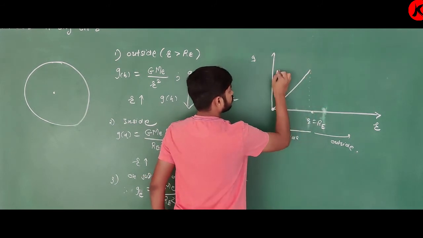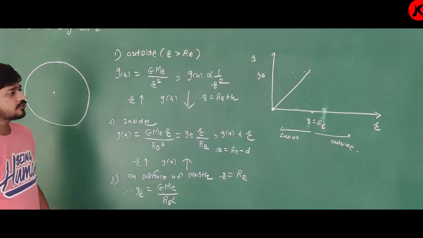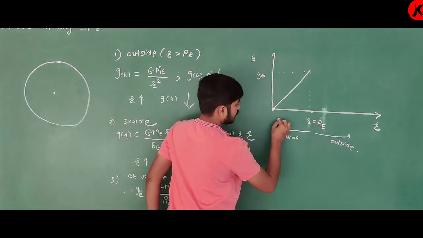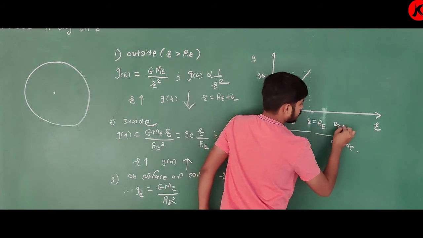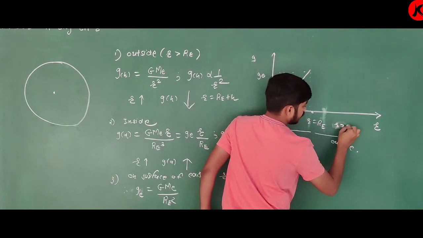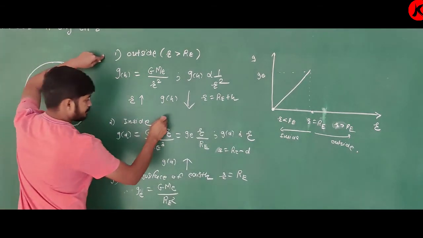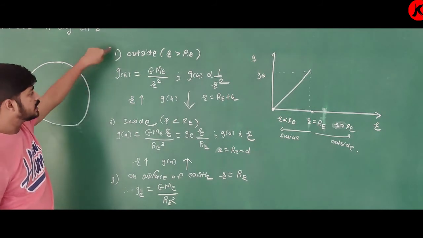On the surface of Earth, its value is G. Here I can say r is less than RE, and here r is greater than RE. For r greater than RE, it is this equation.